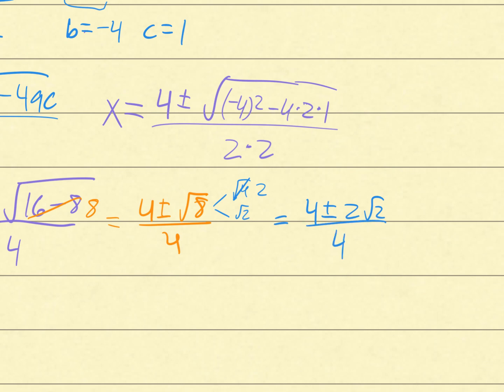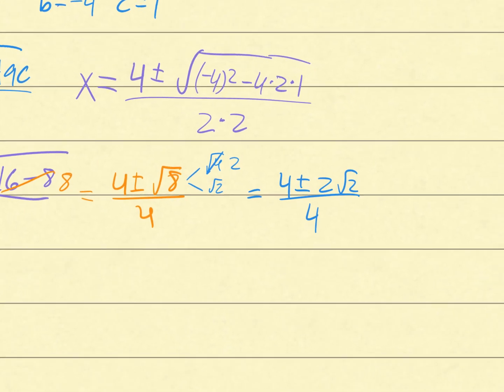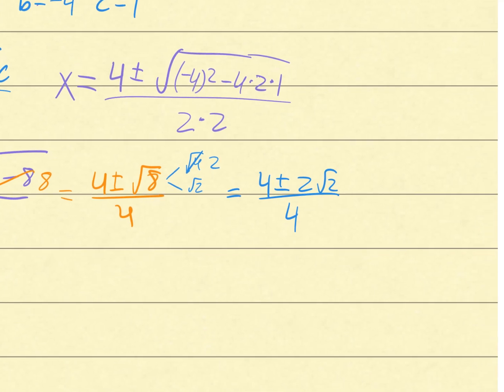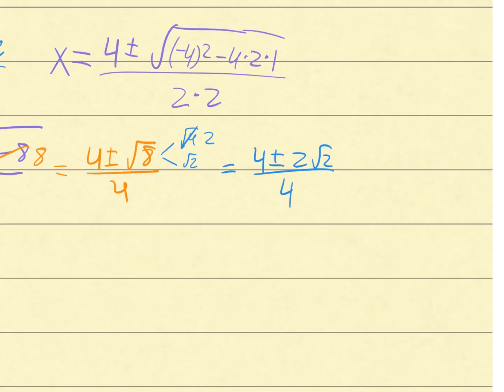over 4. And now we can simplify a little further. If you're able to simplify, you should do it. And if you can't recognize when to simplify, you can always just split it up into 2 fractions.